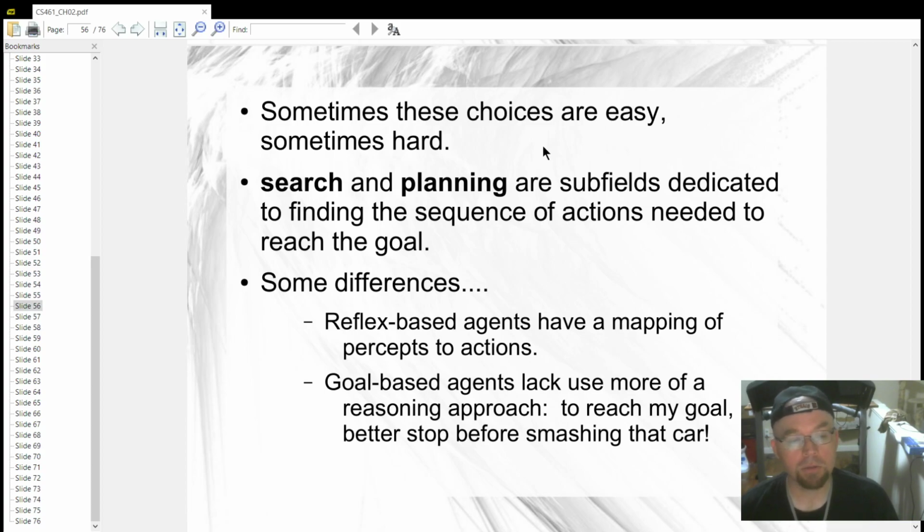They use more logic, more reasoning. We're going to take a look at agents that are more reasoning based, and that's going to drive our study of first order and propositional logic, so that we can understand how they can use logic to make those decisions, to reason.